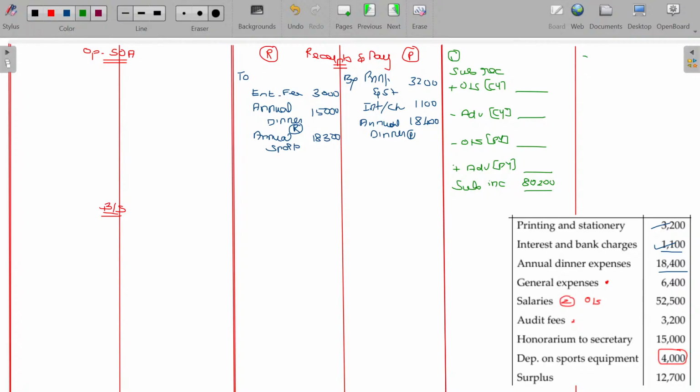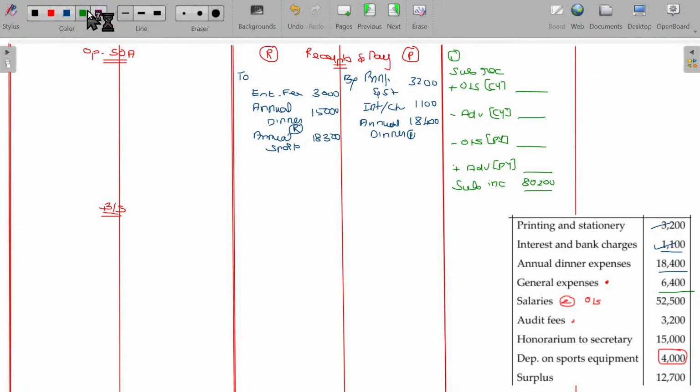Second one, general expenses, 6,400. We have been given one adjustment for that.